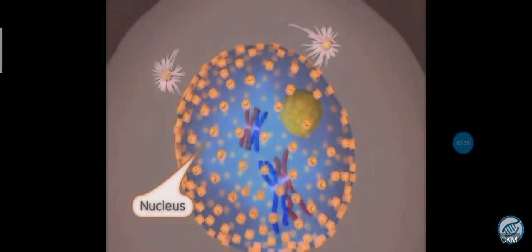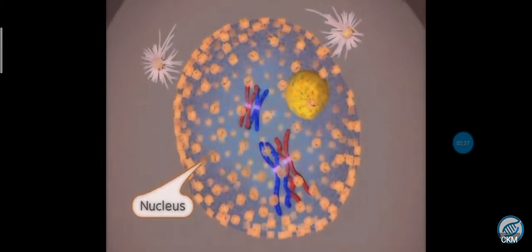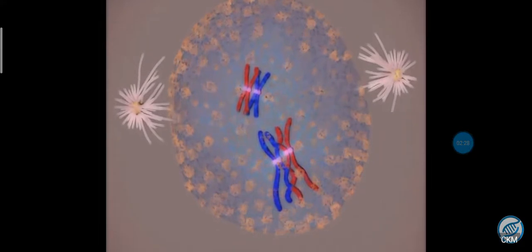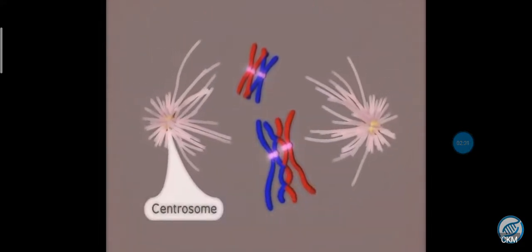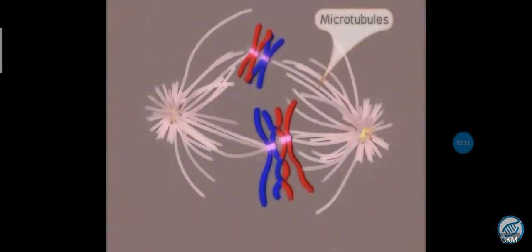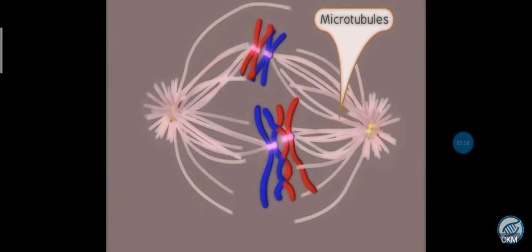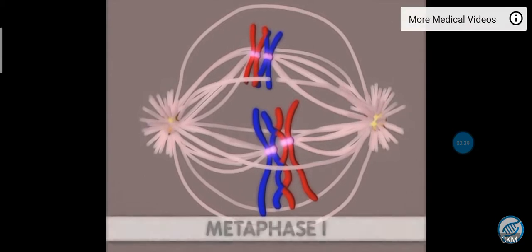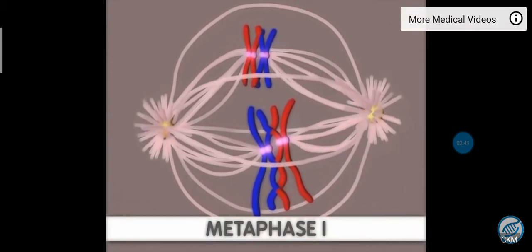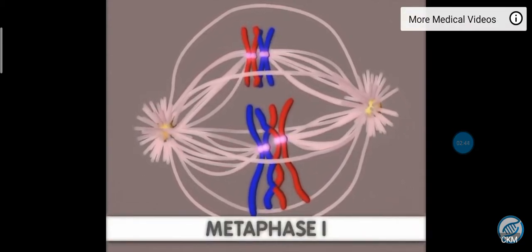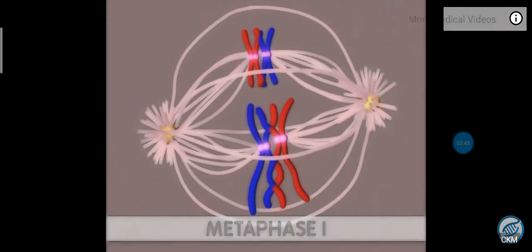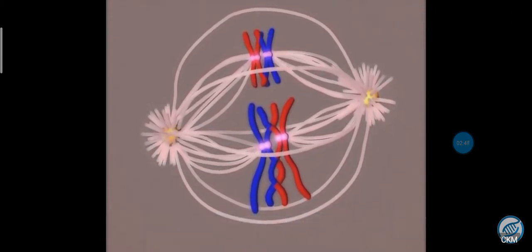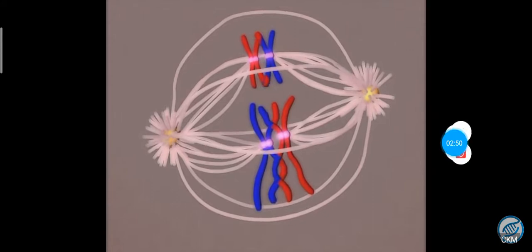Now what will happen? You know it very well. The nuclear membrane or the nucleolus will disappear and the centrosomes will start producing the spindle fibers. These microtubules will be the kinetochore spindle fibers, which are going to attach to the kinetochore protein of the chromosome, and each spindle fiber is going to attach to each kinetochore protein.